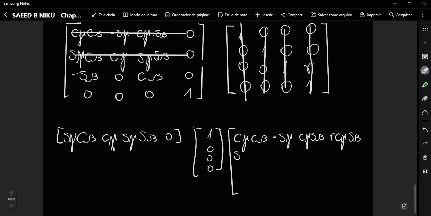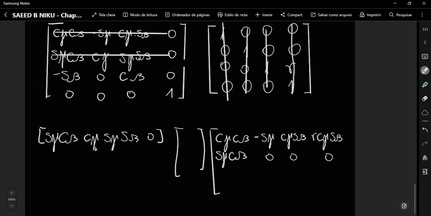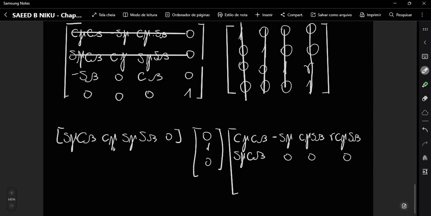And right here we are left with sine of gamma, cosine of beta, and the rest of the elements are 0. And let's jump to the next column. Oh, sorry, let me do it again.